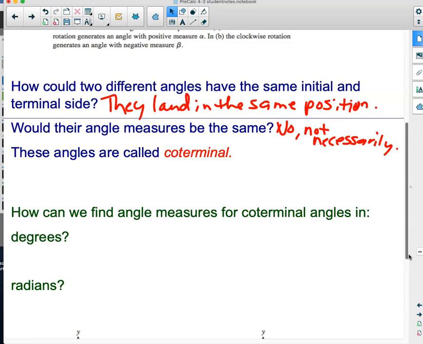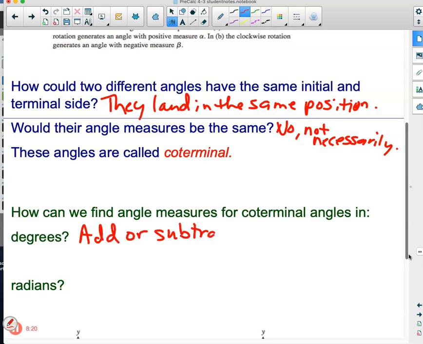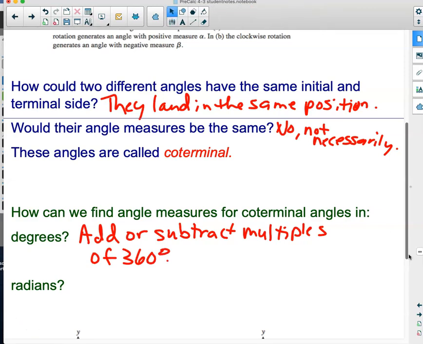Add or subtract 360. Right. We need to add or subtract multiples of 360. Because in order to land in the same place, you'd have to go all the way around the circle.